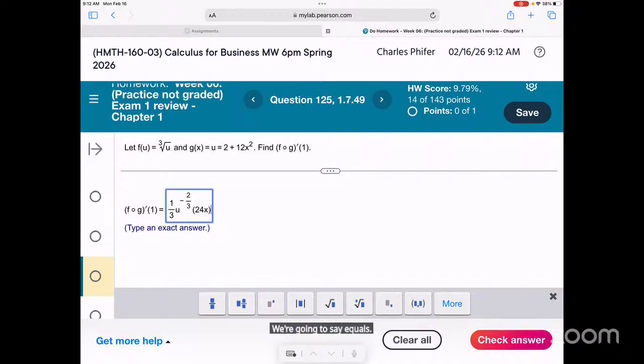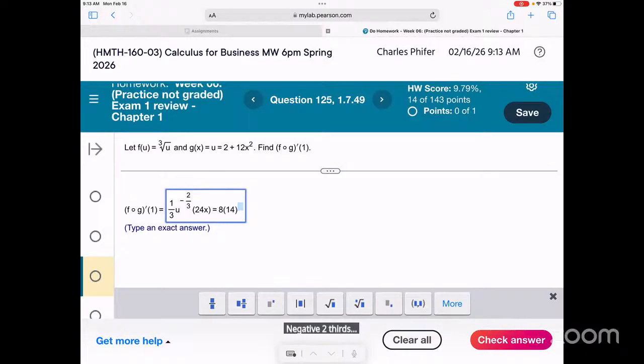So 24 divided by 3 is what, 8? And then when x is 1, our u is 14, to the negative 2/3.